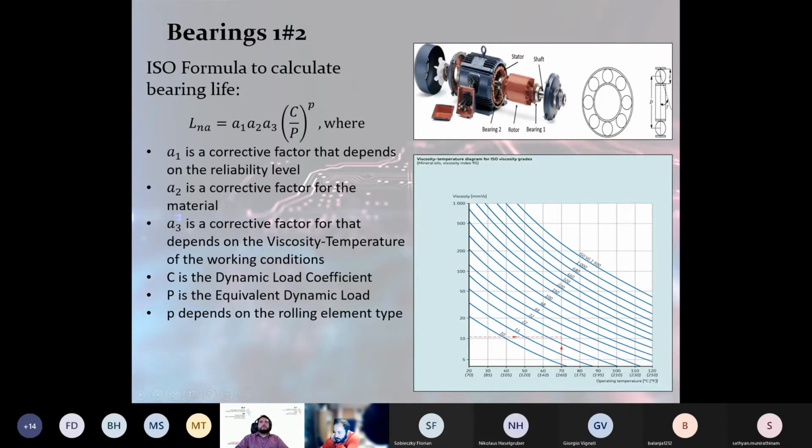Now, in this work, we try to implement this formula and we create several simulation campaigns to understand how the working condition can affect this failure rate.